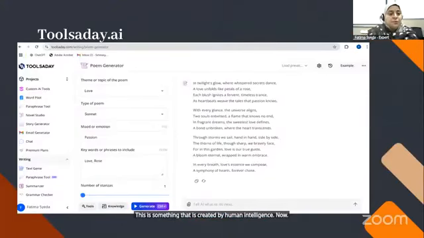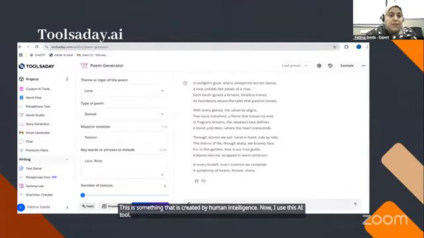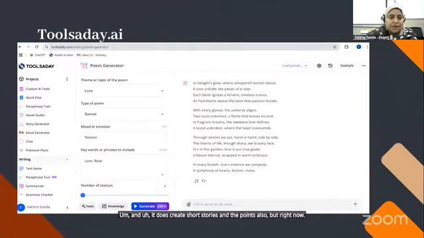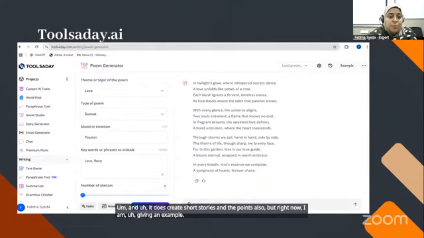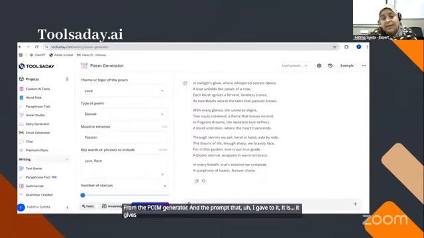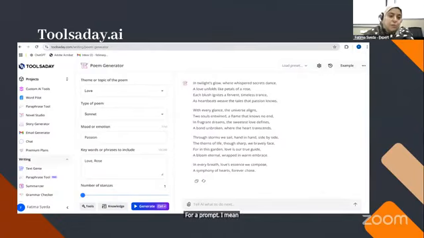Now, I use this AI tool and it does create short stories and poems also. But right now, I am giving an example from the poem generator. It gives a very detailed kind of option for a prompt. It would ask what the theme or topic of the poem should be. I said love.